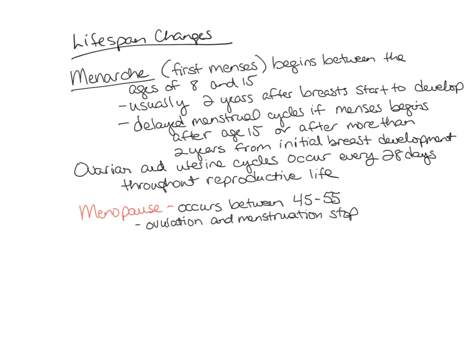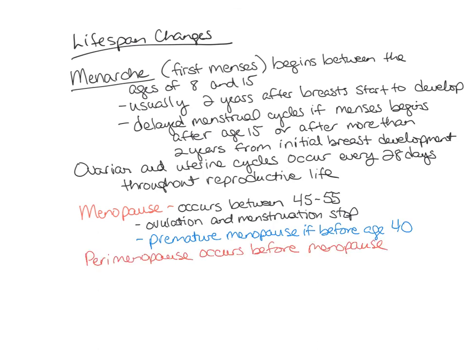If menopause occurs before the age of 40, that's considered premature menopause. Oftentimes, perimenopause will occur prior to menopause. This is when she starts to have irregular ovarian and uterine cycles. She might not ovulate every month, and she might not have a period every month.